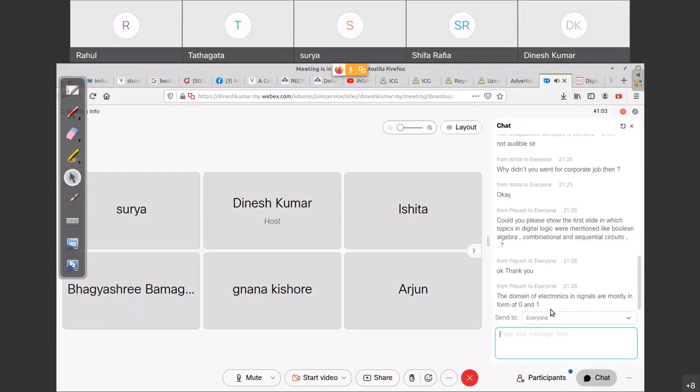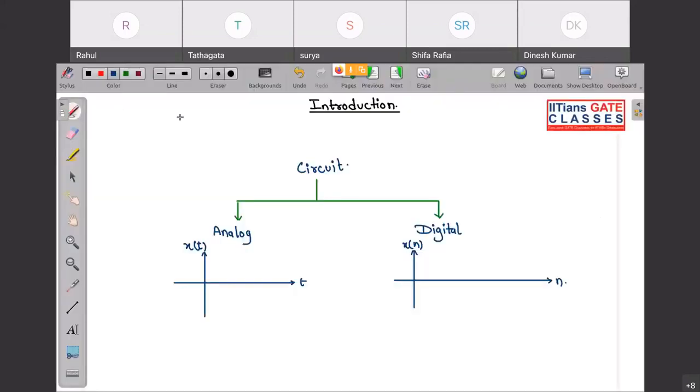Those are digital signals. So the simplest form of analog signal is a sine signal. Analog signals are basically those signals which are defined at every instant of time. See, from 0 to 1, if I consider this as 1 second, all the instants in between 0 and 1 are defined.